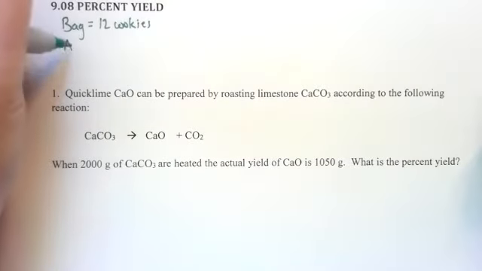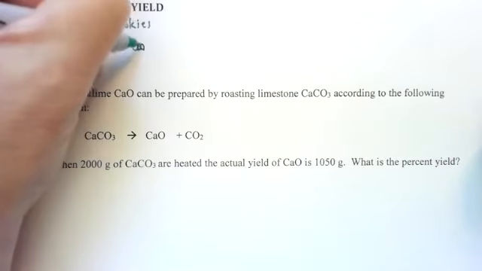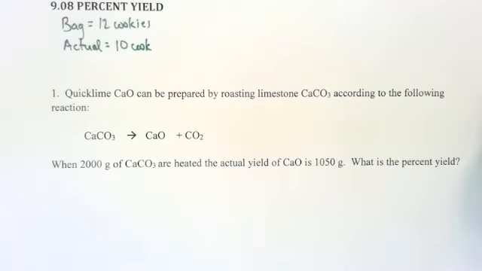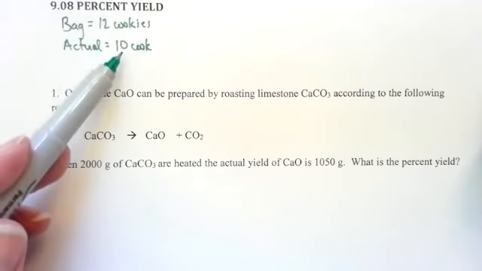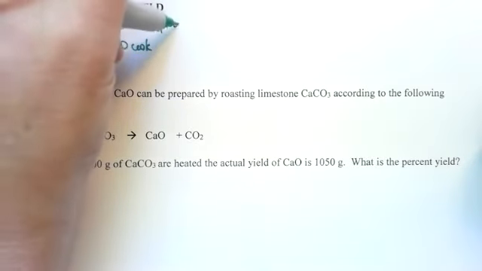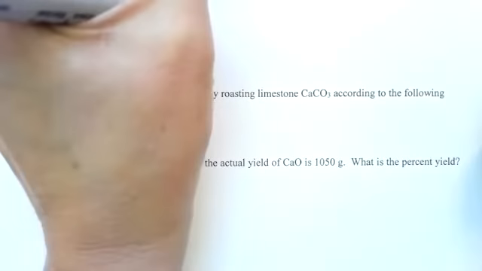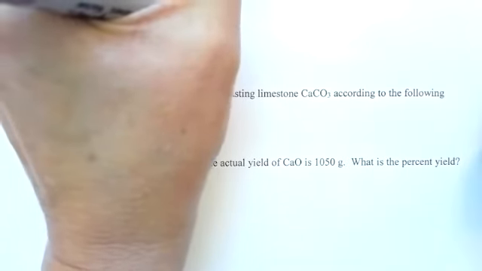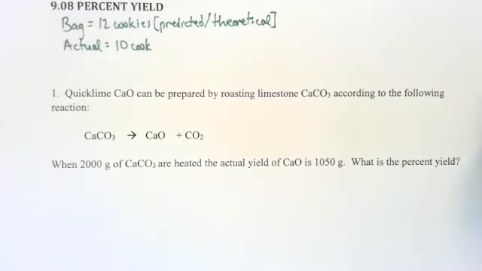So you actually only make 10 cookies. Well, if you think about what you should have gotten, what the bag tells you should have gotten, so this is a predicted. Predicted, we'll call it a theoretical value.